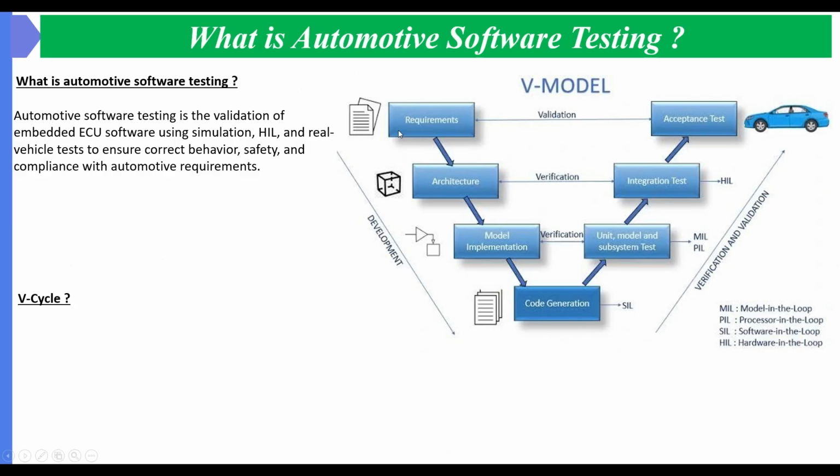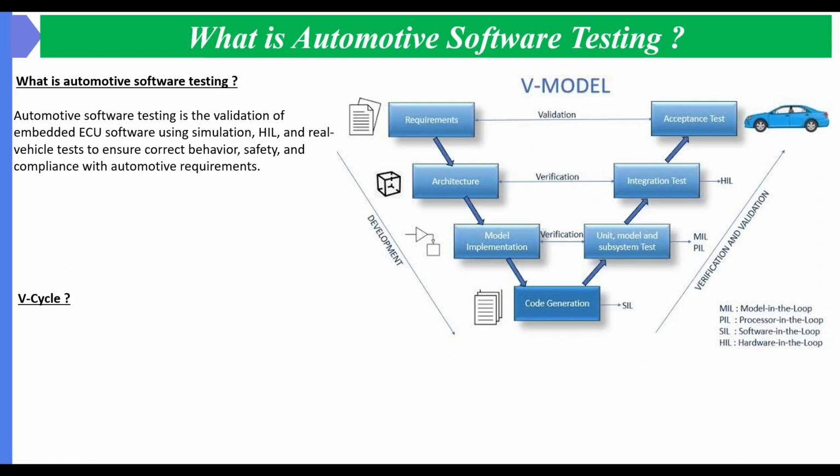As you see, at the beginning we have the requirement phase. In this phase, for example, if we are a supplier, we need to clarify all the requirements of our software and all the needs of our customer. So this is the first step, to confirm the requirements of the software that we will develop after.